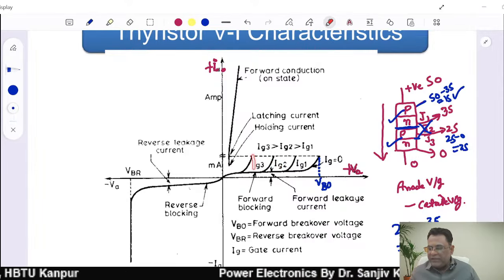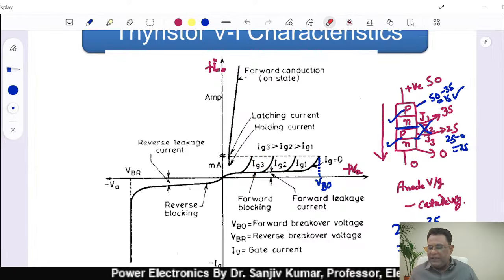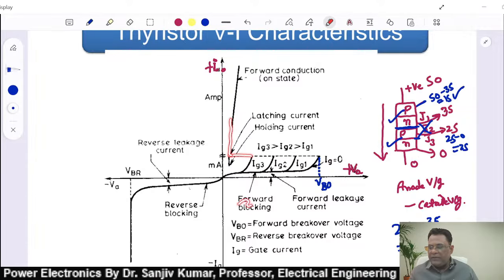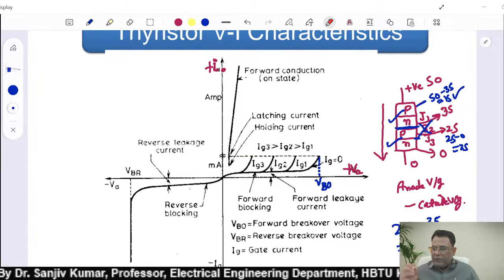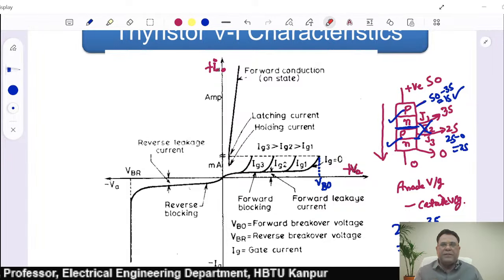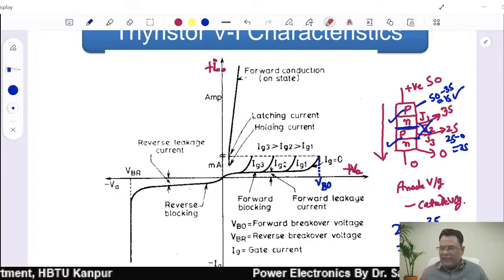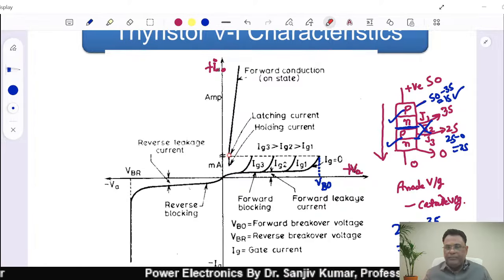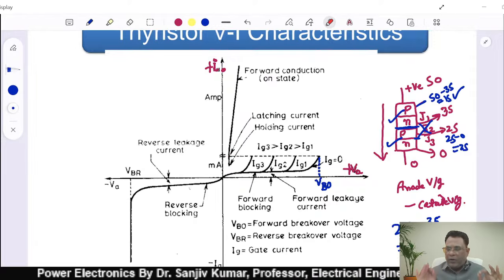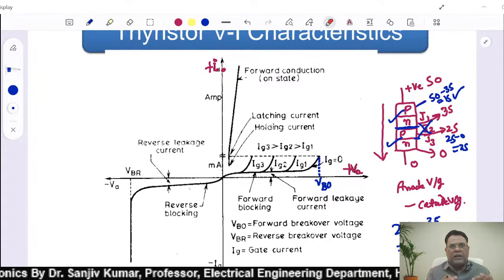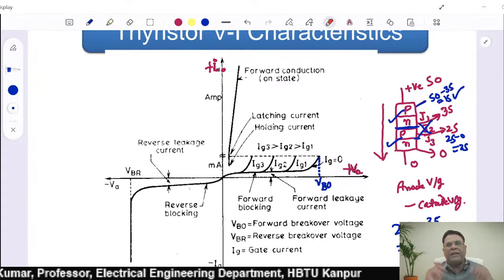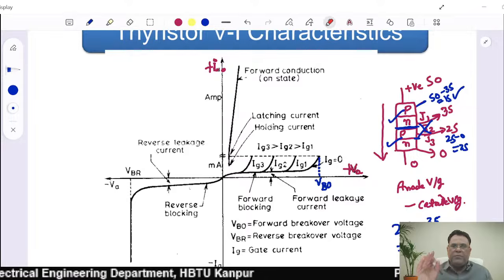Here thyristor is triggered and immediately it gets on. So here two currents come in the picture. One is latching current, other one is holding current. The latching current is the minimum value of anode to cathode current which must be attained by the thyristor before removing the gate pulse.